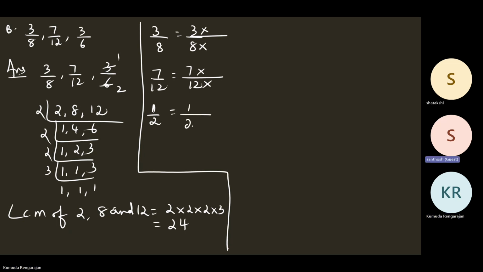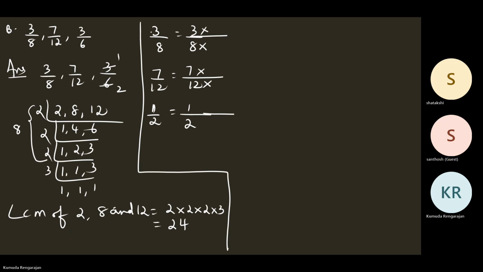We have to multiply to get 24. What do you have in 3 by 8? What is the denominator? 8. Now come to this LCM working. What is 8? 2 into 2 into 2 is 8. Leave that because there is already 8 in the denominator.